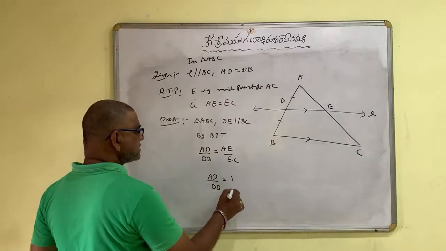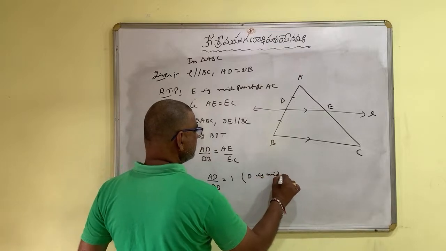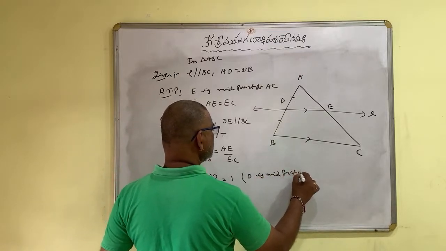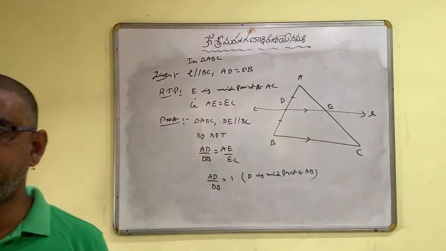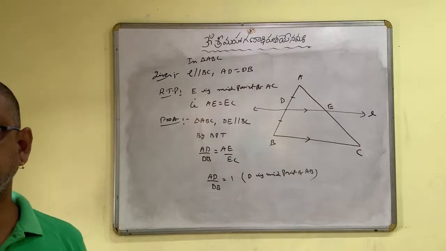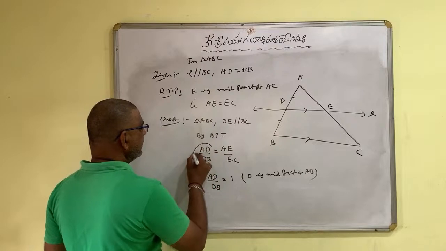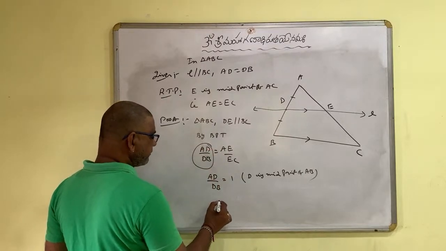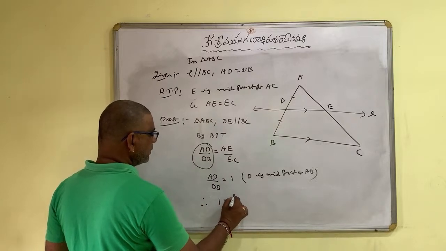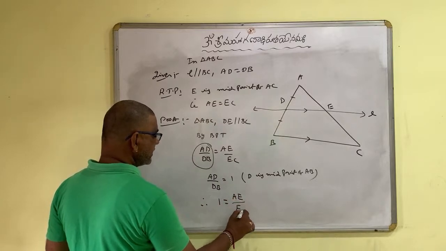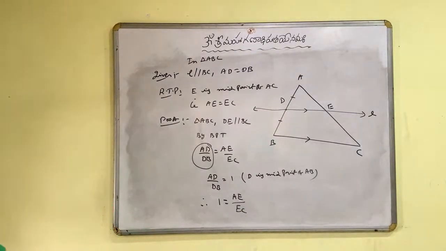AD by DB is 1 because D is the midpoint of AB. So in the place of AD by DB we can keep 1. Therefore 1 is equal to AE by EC.